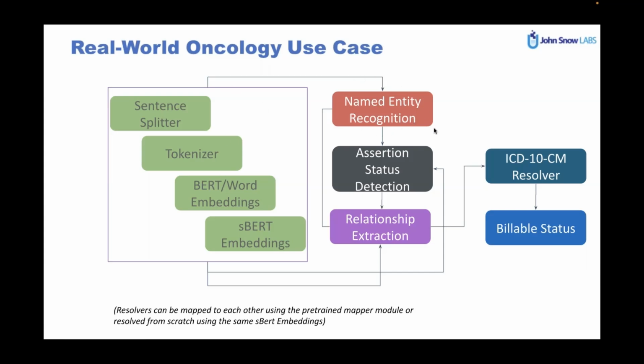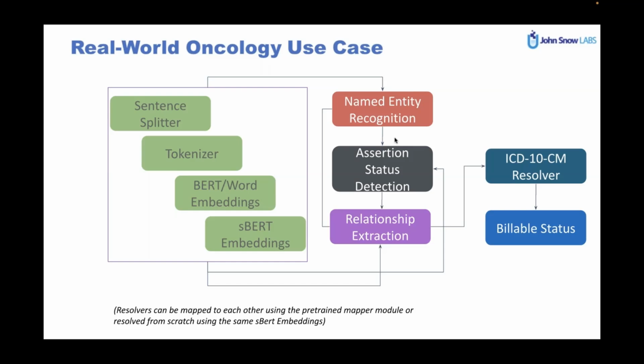We will use more than one NER model in the same pipeline, so that in case one of the NER models misses some entities, the other one can extract them, okay? We will use more than one NER model and then merge their results to get a single chunk at the end in case of overlapping.